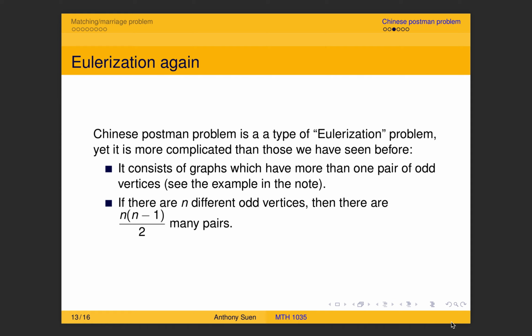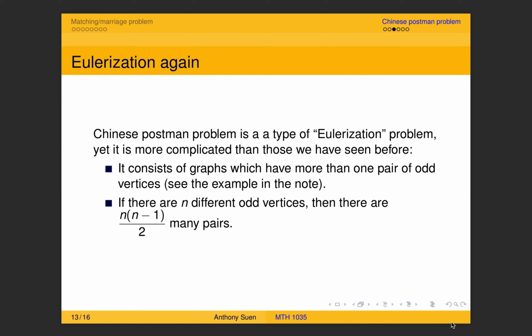Let me tell you some reasons. Here I just mentioned that this problem studies the Eulerianization problem for graphs which have more than one pair of odd vertices. In general, if you have n different odd vertices, then there will be n times n minus 1 divided by 2 pairs of vertices.